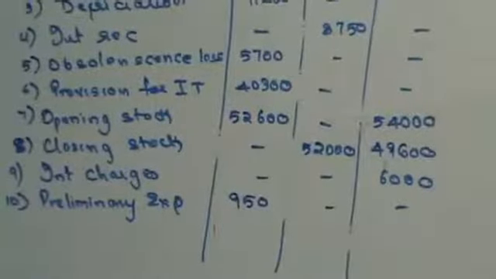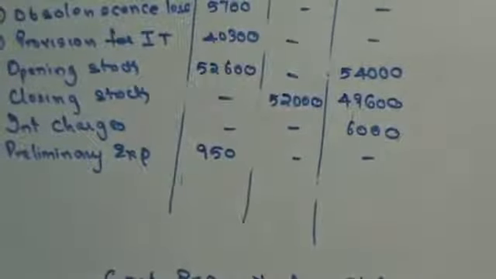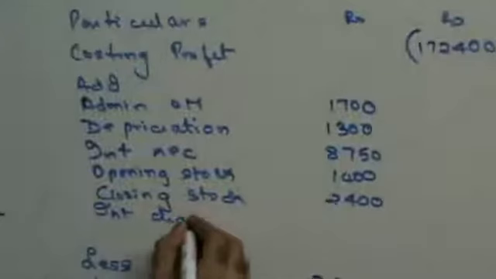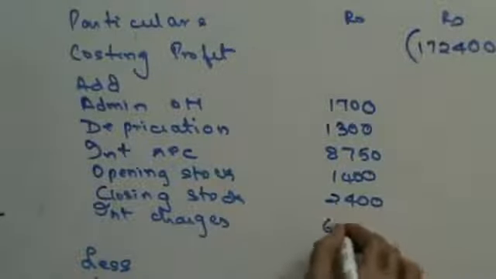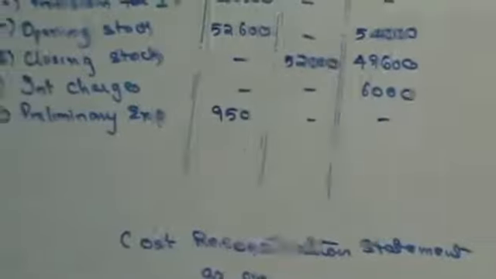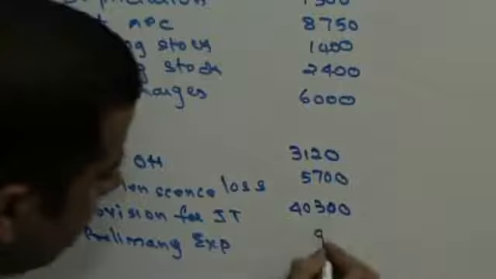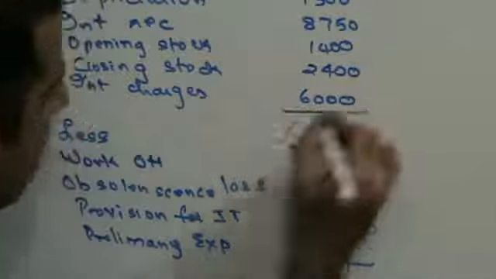So closing stock will also go in add column, 49,600, 2,400. Interest is more in costing. So interest charged will also go here, 6,000. Preliminary expenses is less in costing. So preliminary expenses will come in the less column. Amount is 950.